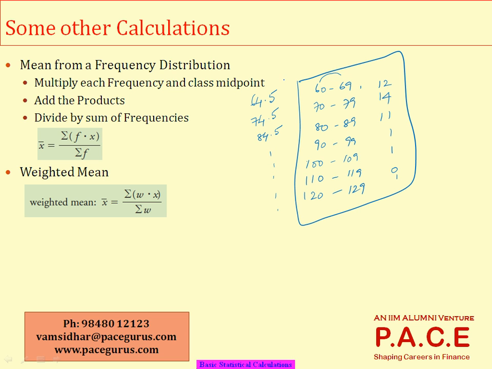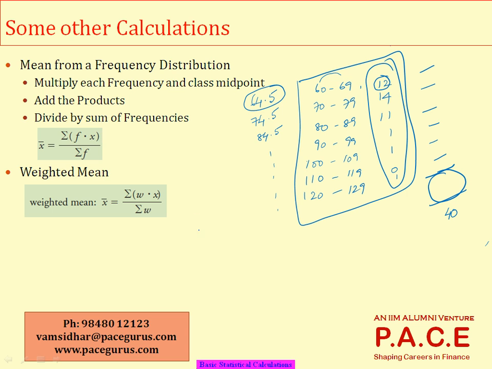Then multiply the frequency with the corresponding mid value. So for each of the classes, I will get the mid value multiplied by the corresponding frequency. Then add up all these values, and divide it by the total frequency. Here the total frequency is 40, and that is what we get as the mean.